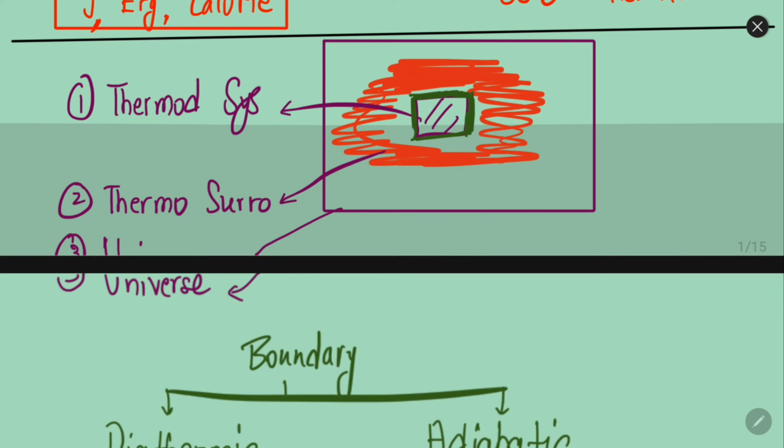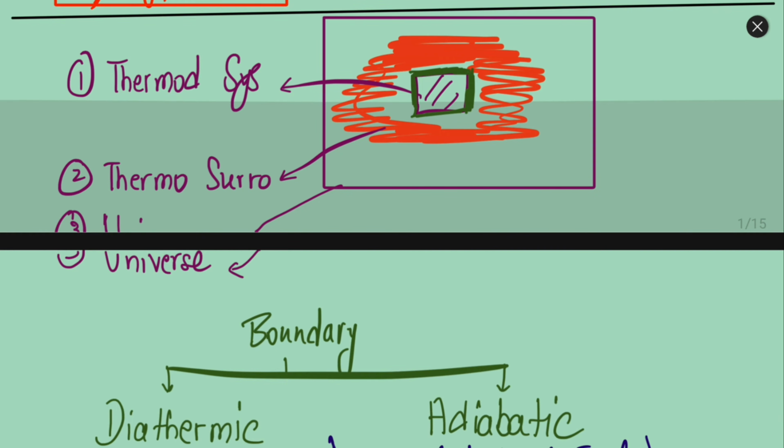So now let's start with thermodynamics. Before we start the laws, we need to understand a few basic terms. First is the thermodynamic system, thermodynamic surrounding, and the universe. What is a thermodynamic system? It is the object or the place which we are studying.